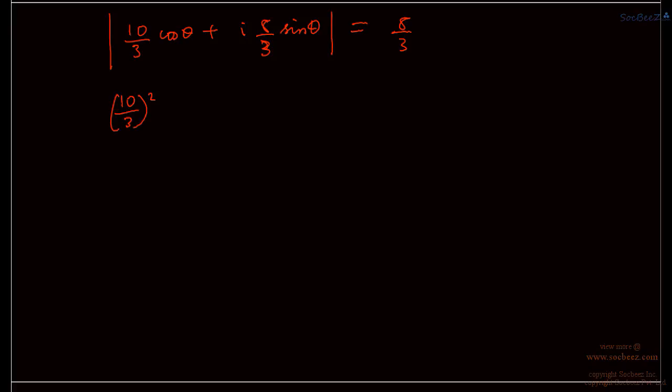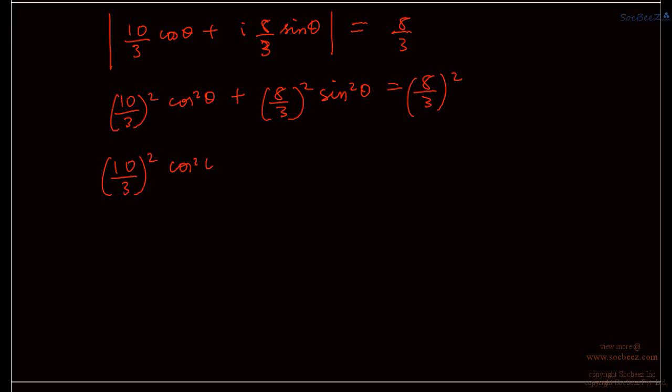Let us just take the square on both sides. That gives us 10 by 3 squared cos squared theta plus 8 by 3 squared sin squared theta equal to 8 by 3 squared. Now this is an equation in cos squared and sin squared, so let us use the identity sin squared theta equals 1 minus cos squared theta.